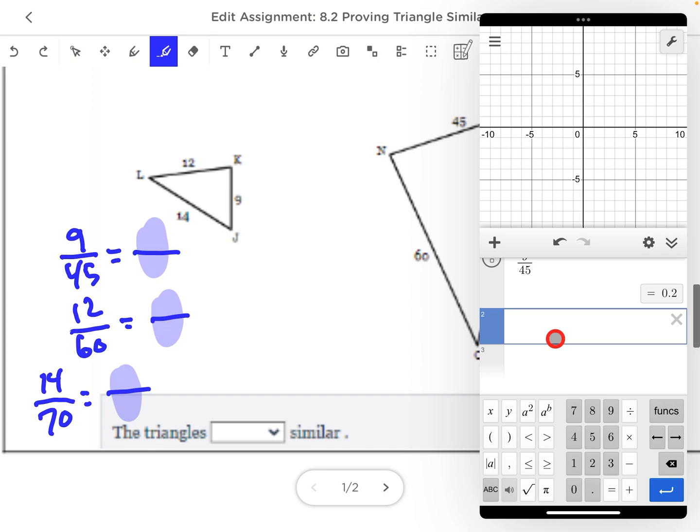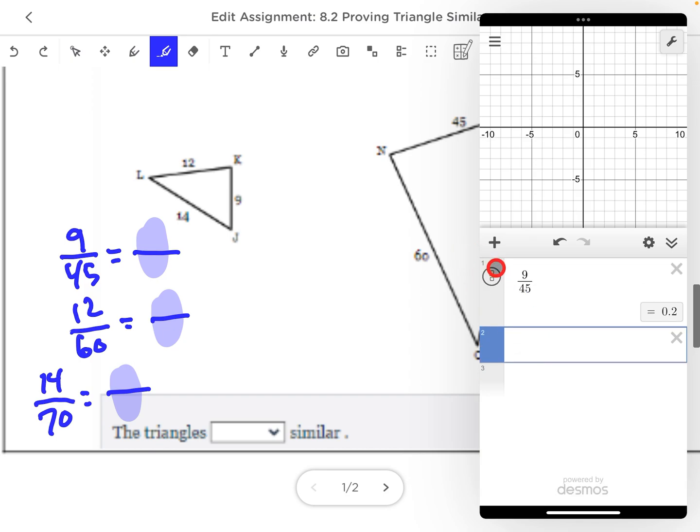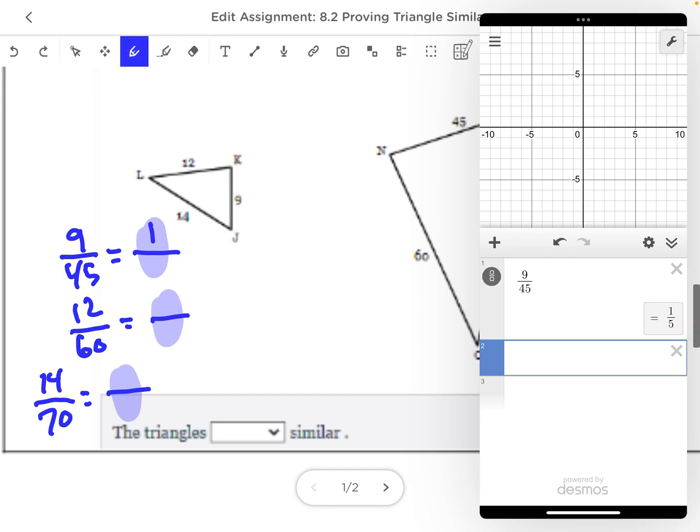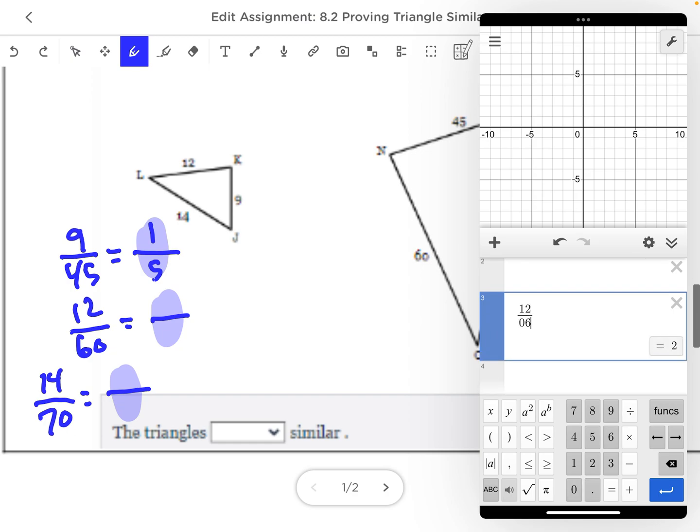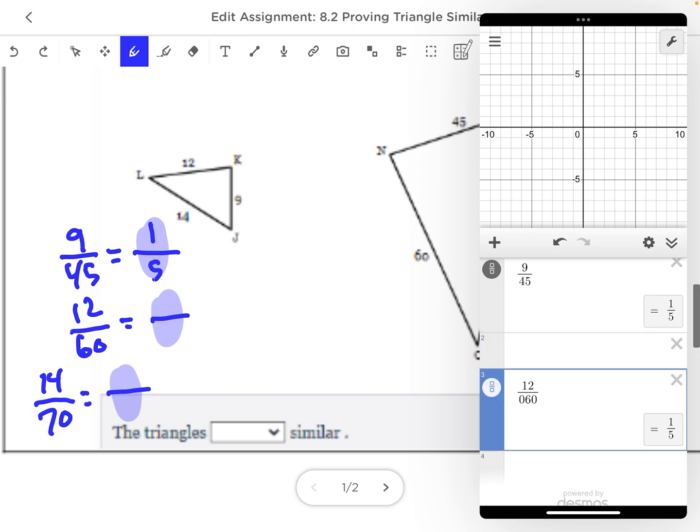Okay, let's check that other one. Actually, let's push that fraction button. The fraction is 1 over 5, so this is 1 over 5. Let's do 12 over 60. Same thing, I'm going to put the division button, 12 on top and 60 on the bottom. I get a decimal, so I'm just going to push that button, and it tells me it is still 1 over 5. If you noticed, I had that 0 in front, but 60 is the same as 60.